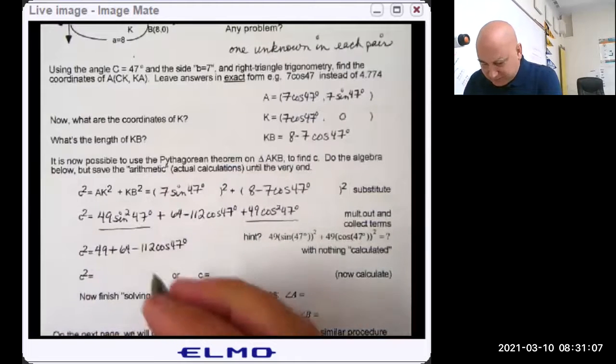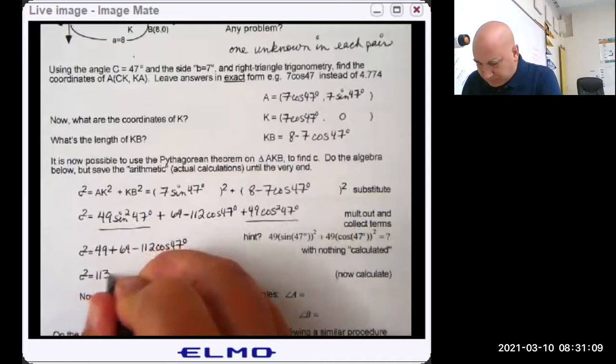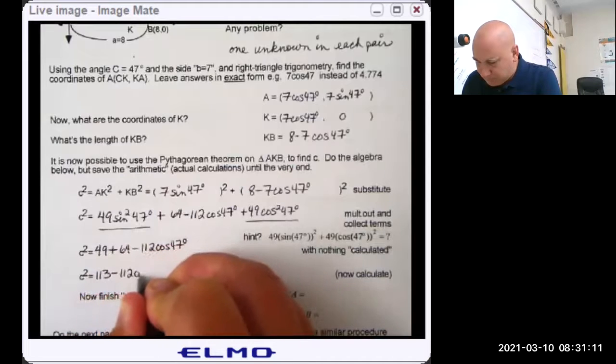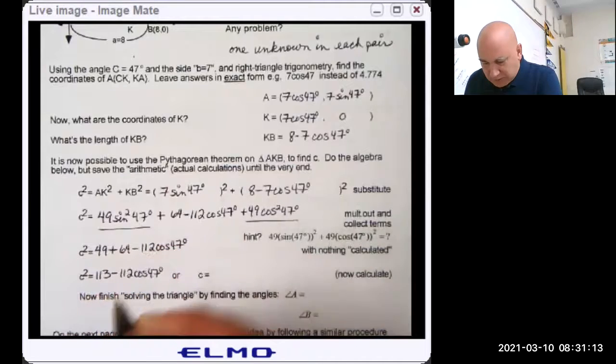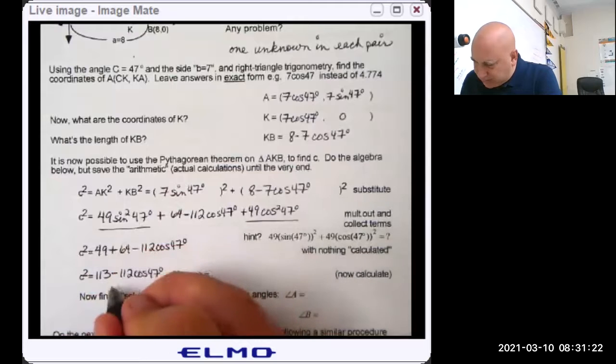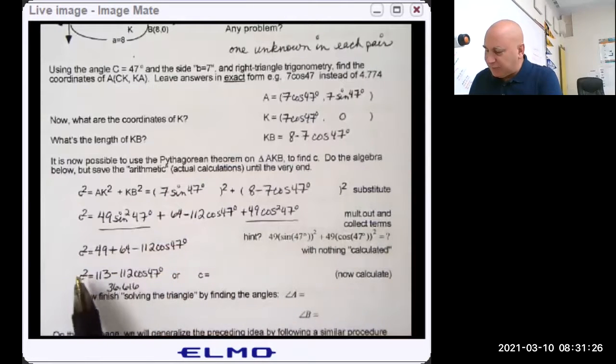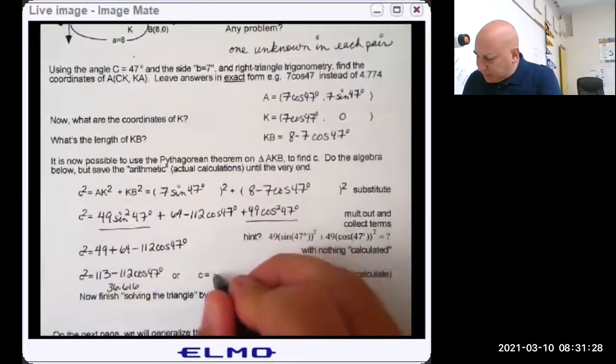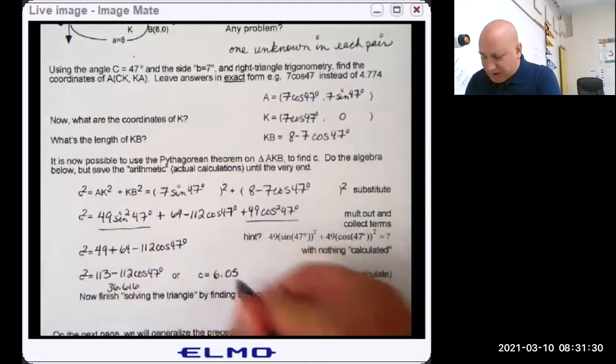Add these. And this ends up being 36.616 approximately for c squared. So c is approximately 6.05.